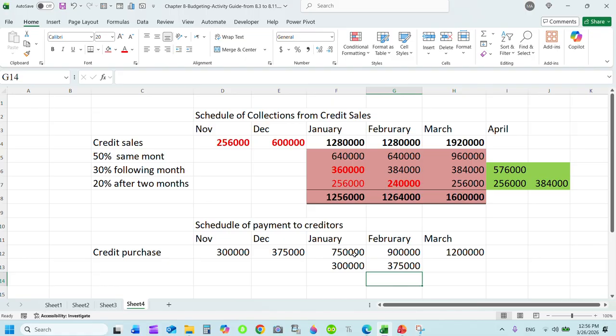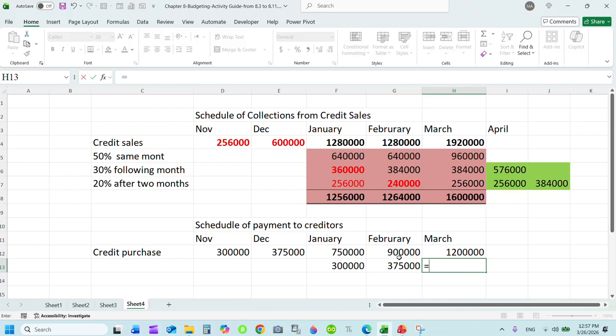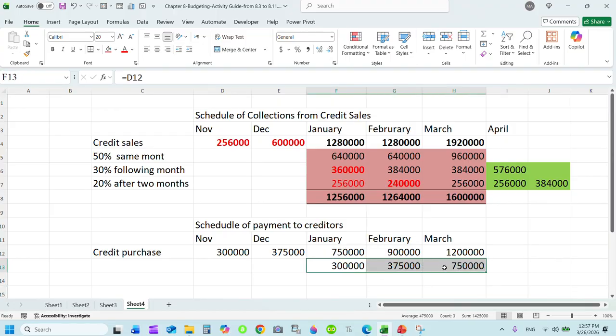This January credit purchase will be settled 2 months after delivery, in March. So these are all my cash payments to creditors. This we paid in January, this in February, this in March.